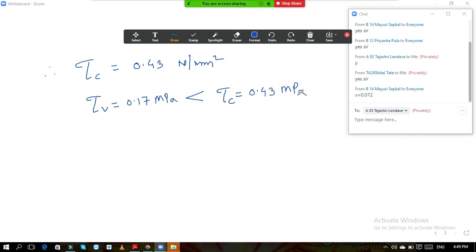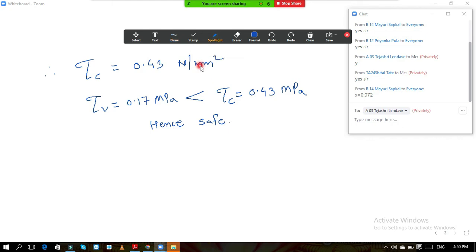So our check for shear is satisfied. Hence it is safe. It will not fail in shear.